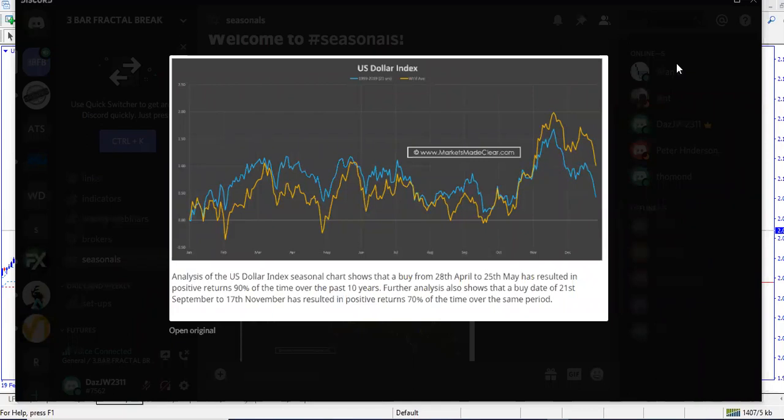Analysis is based on the US dollar. And I knew the dollar was going to get weak last week due to seasonal tendencies and quarterly market shifts. So if you look here, around March, the dollar goes into a dip.